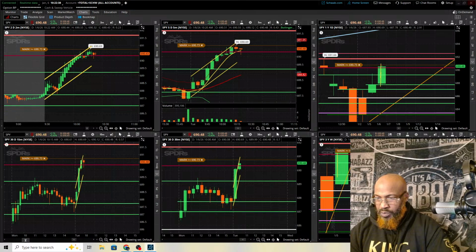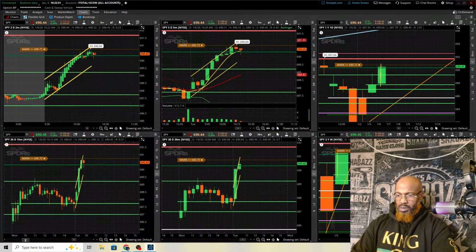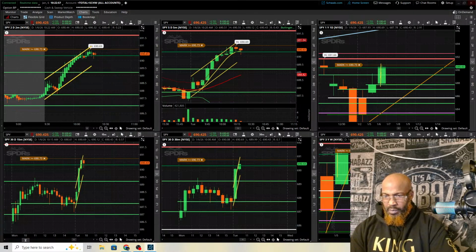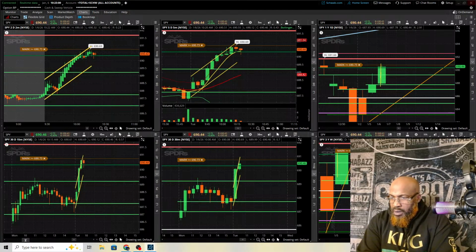Turn it back to support. Remain patient. My stop out area is clearly defined and not far at all.